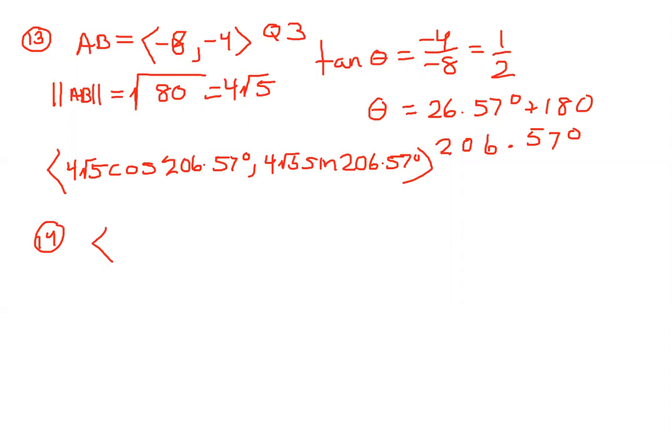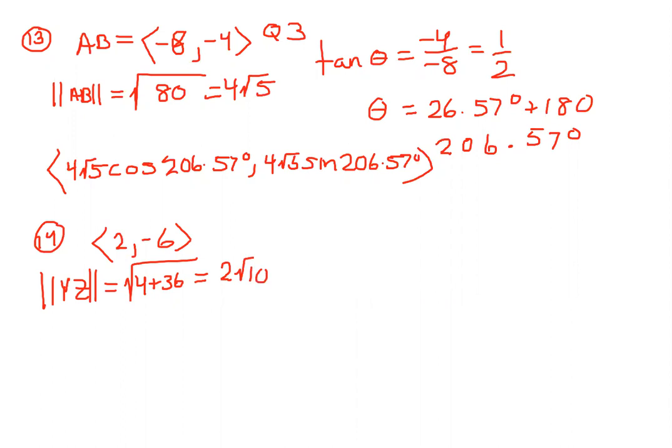And finally, the very last one, we're going to write our component form. And so we're going to do 5 minus 3, which is 2, and negative 8 minus negative 2, which is negative 6. And find the magnitude, which is going to be 4 plus 36, which is the square root of 40, which is 2 times the square root of 10. Our theta, what quadrant? This is quadrant 4. Our theta is going to be negative 6 over 2, which is negative 3.